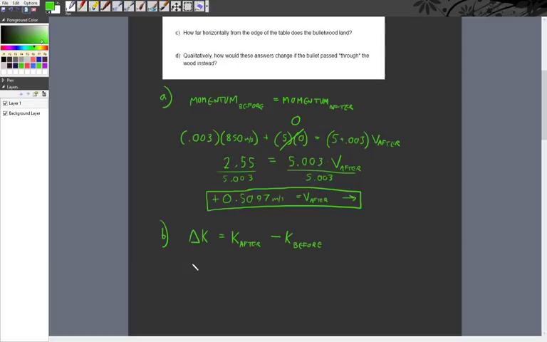What we're trying to find is actually the sum of all the 1/2 mv squared for all the objects after the collision minus the sum of 1/2 mv squared before the collision.